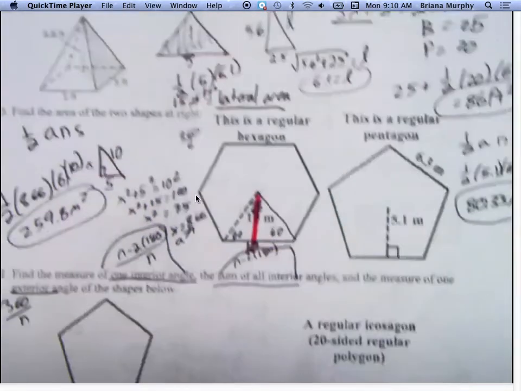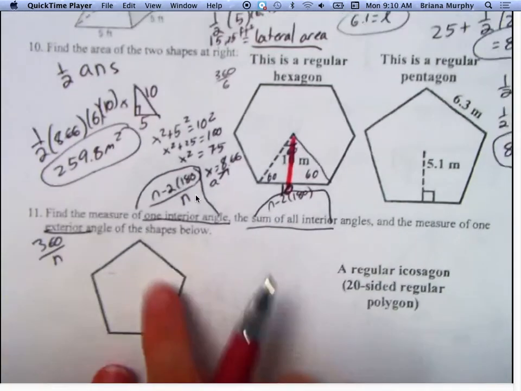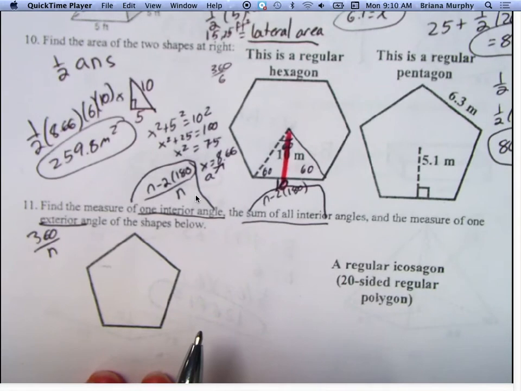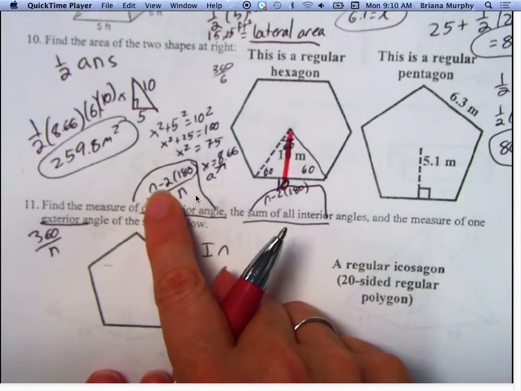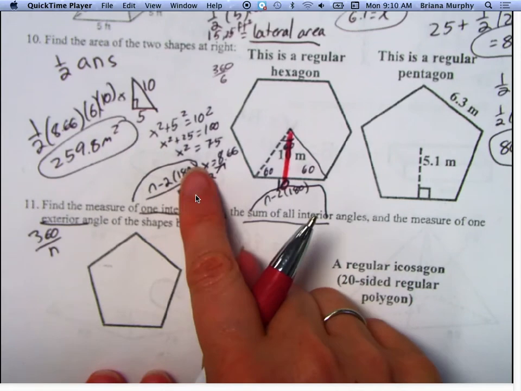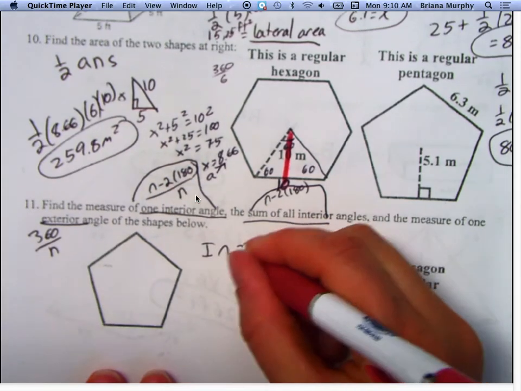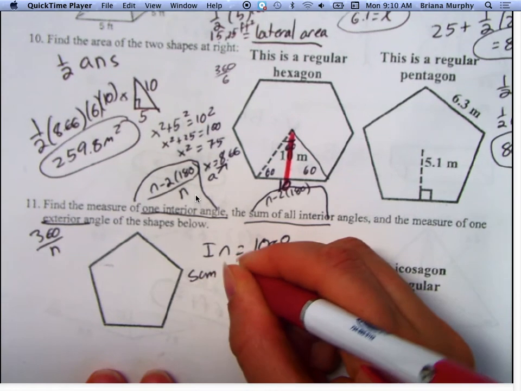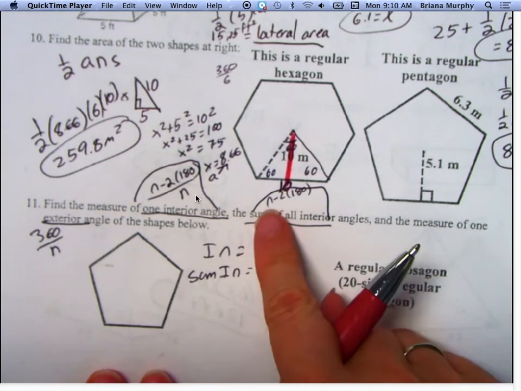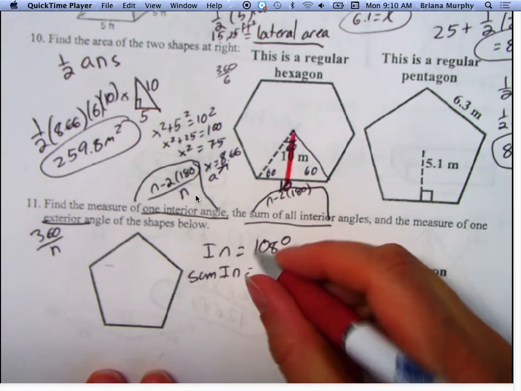Okay, let's look at finding our interior sum and exterior angles. Interior angles is the number of sides, so 5 minus 2 times 180 divided by 5, I should get 108. The sum of the interior angles should be just 5 minus 2 times 180, which is 540.